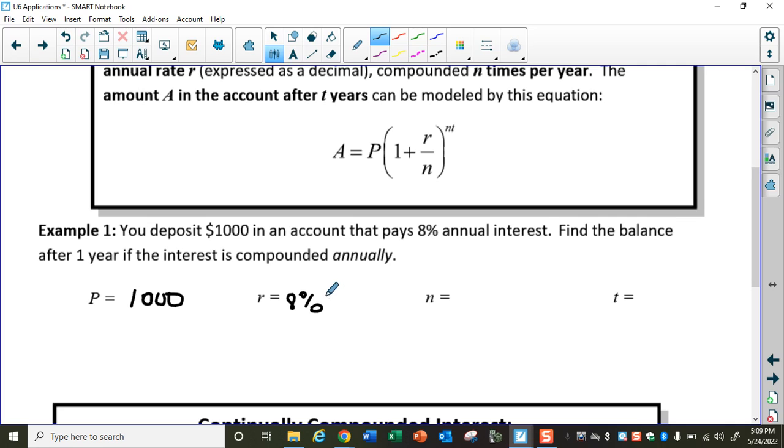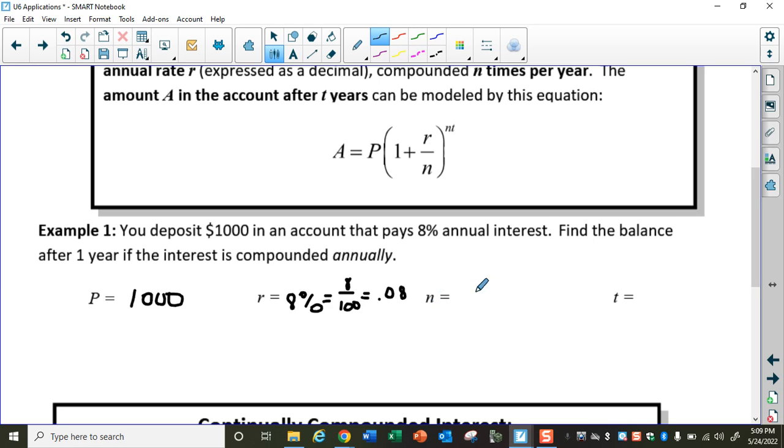Now, if I want to write 8% as a decimal, that would be 8 divided by 100, right? Percent means out of 100. So you're going to take the decimal and move it over 2 times. Take 8 divided by 100, and that gives you 8 hundredths as a decimal.